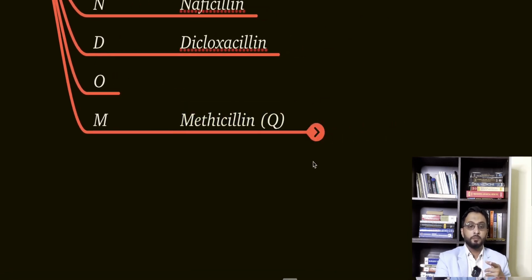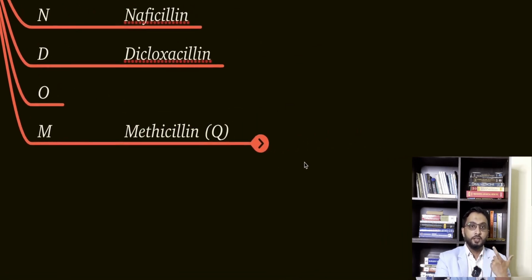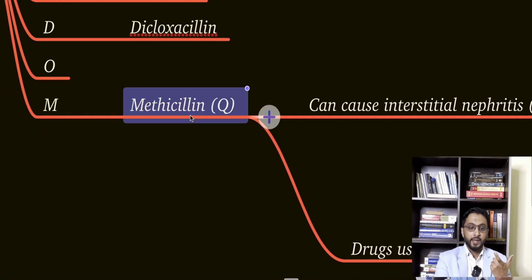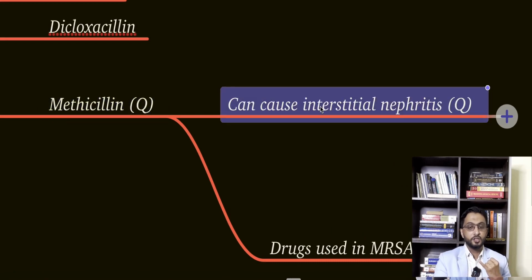Then we came up with a drug which is effective even against MRSA. Like we studied, ampicillin causes diarrhea. For methicillin, a question has been asked: the most common adverse effect is interstitial nephritis. The interstitium of your nephron gets inflamed. That's called interstitial nephritis.